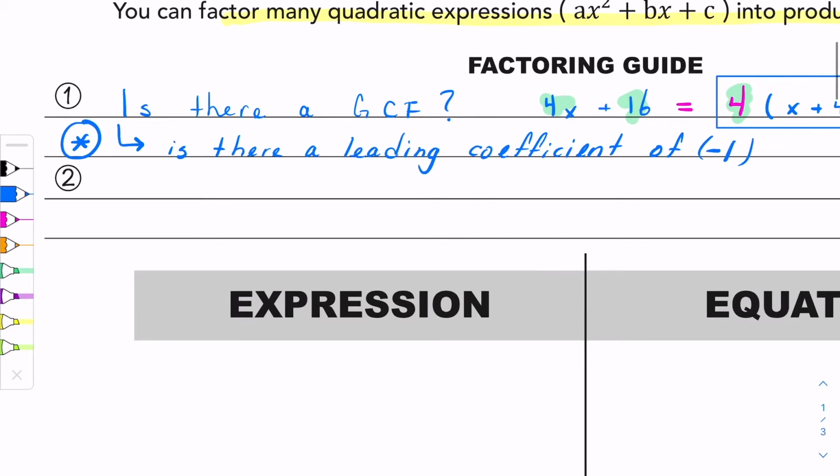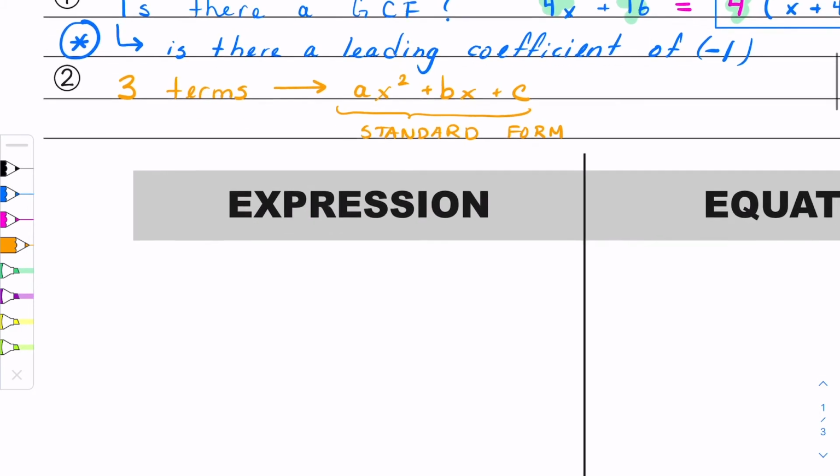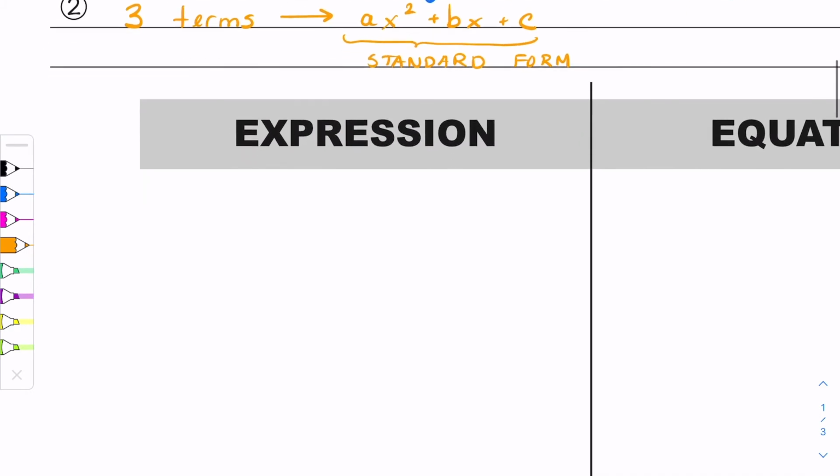The other point we need to talk about is that we will have 3 terms in most of our functions. That would be in the form of a times x squared plus bx plus c, and this is standard form. That's what you would need to factor. That's called factoring in quadratic form, or factoring a quadratic.